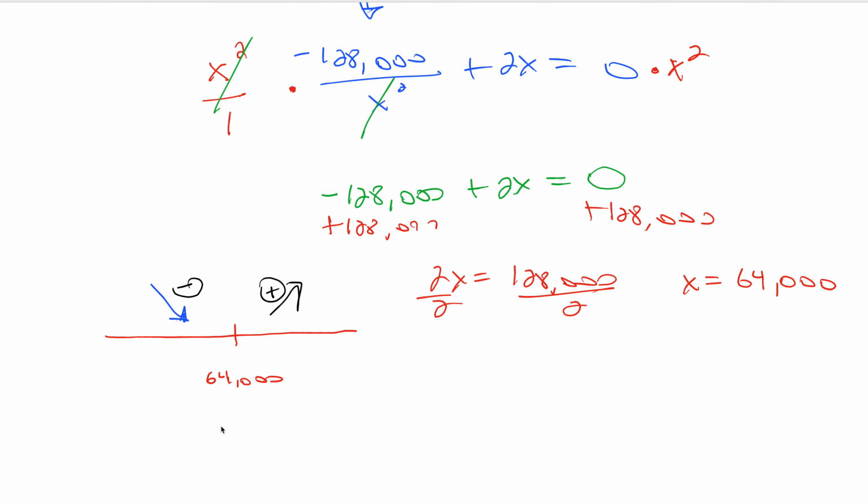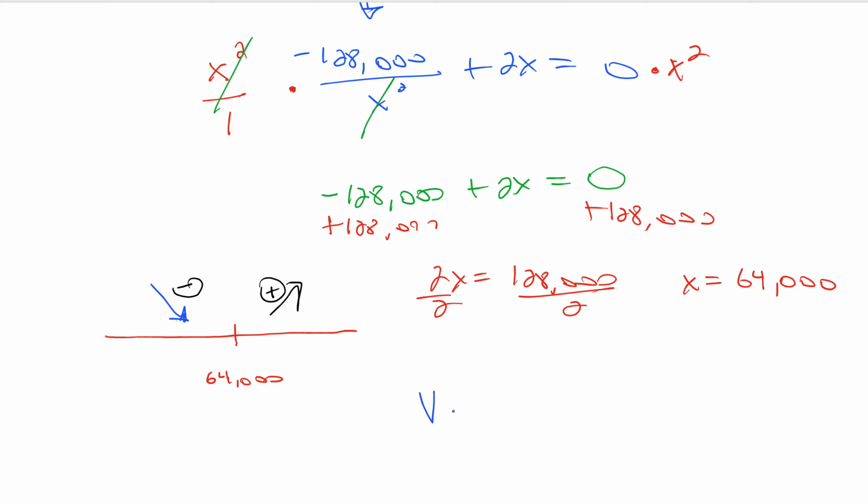So we know that 64,000 is the value of x that minimizes the surface area. This is the minimum of the surface area formula. And we know that we also have a volume equation.